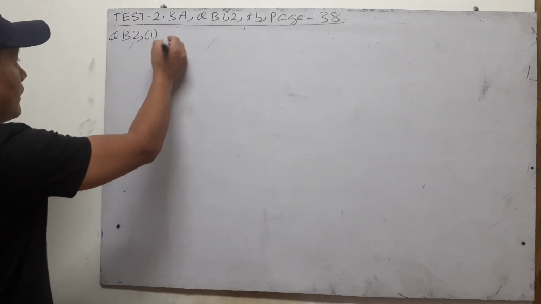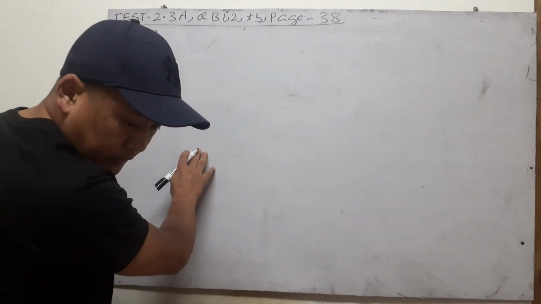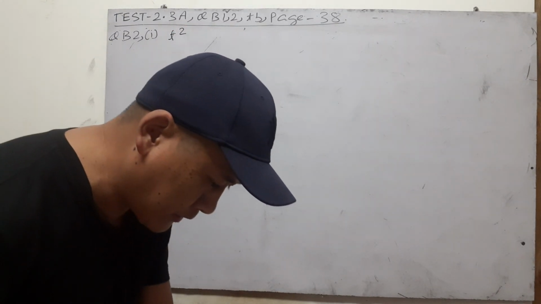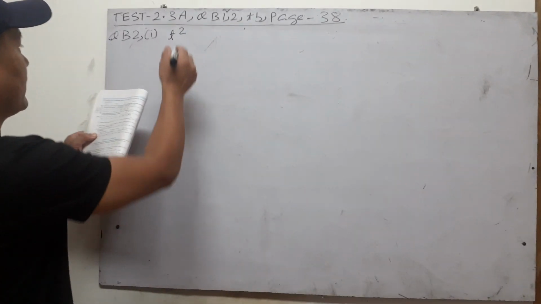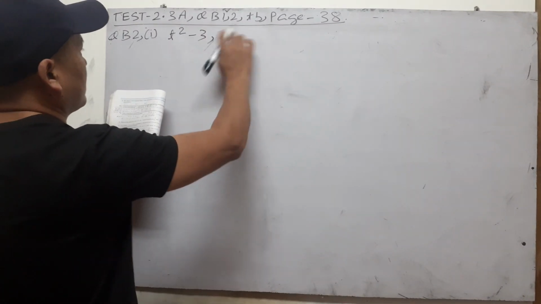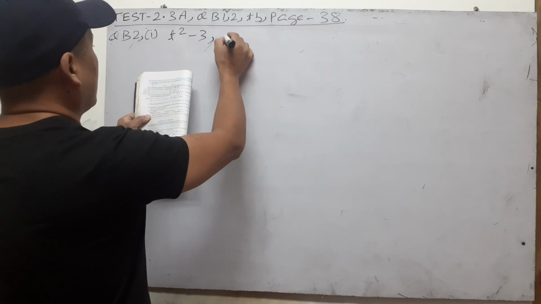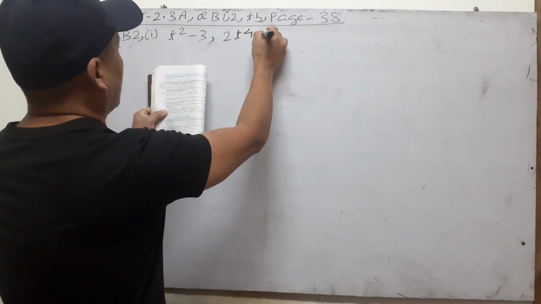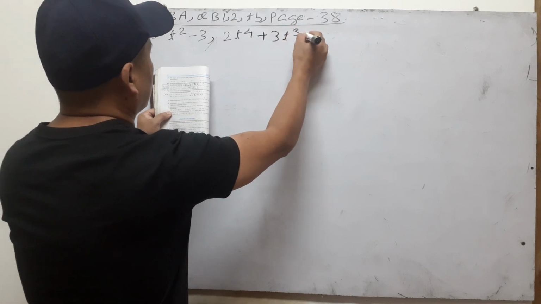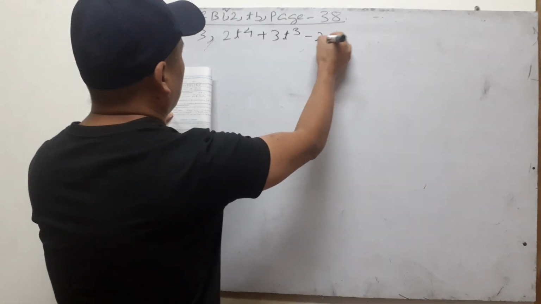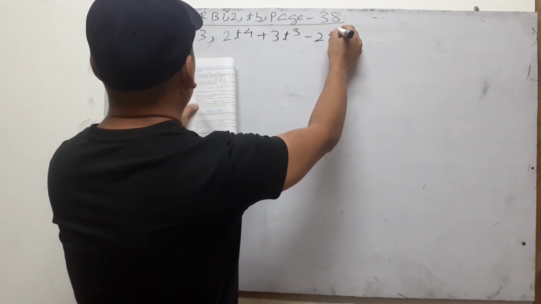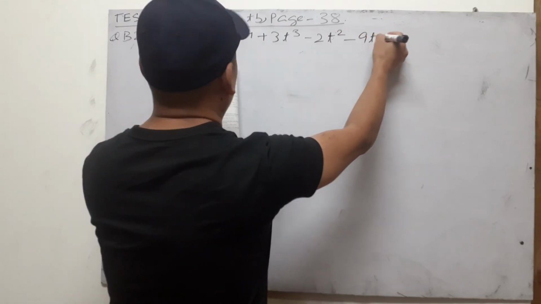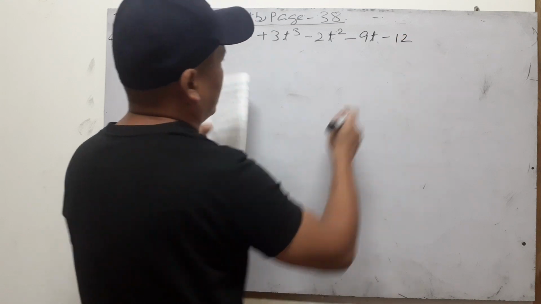So here the first polynomial is given as t square minus 3, comma, and the second polynomial after the comma is 2t to the power 4 plus 3t to the power 3 minus 2t square minus 9t minus 12.